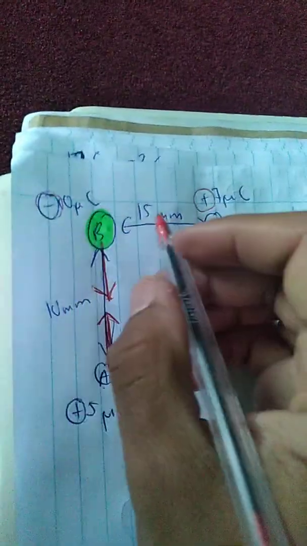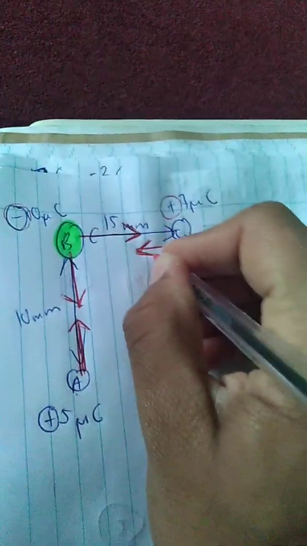You understand? C is positive and B is negative. Unlike charges attract. So B is going to want to go towards C, and C is going to want to go towards B, because they love each other.